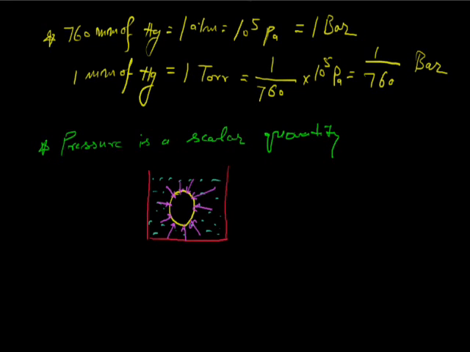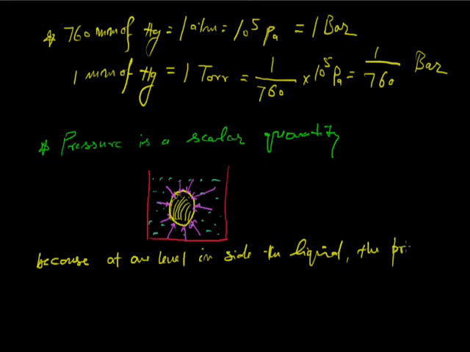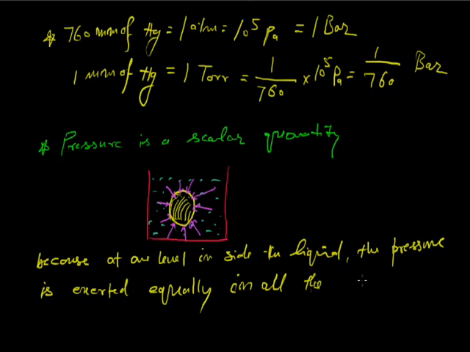It means the pressure, the direction of pressure is not defined. That's why it is a scalar quantity. It is scalar because at one level inside the liquid, the pressure is exerted equally in all directions. Pressure is exerted equally in all the directions.